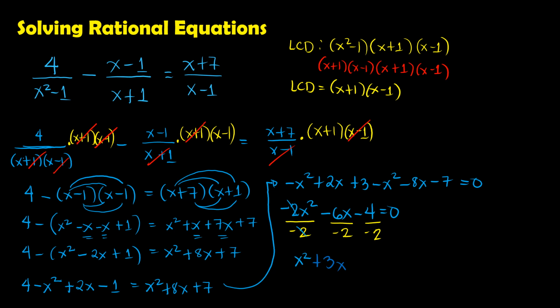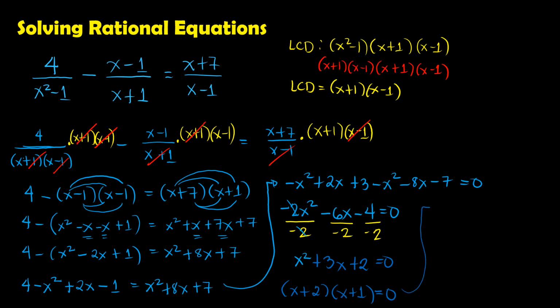And 4 divided by 2 is 2. So, if we recall factoring, this is actually x plus 2 and x plus 1. So, the factor of x squared plus 3x plus 2 is x plus 2 and x plus 1.